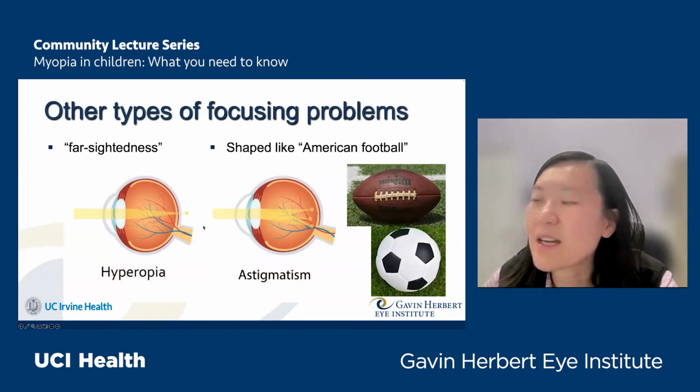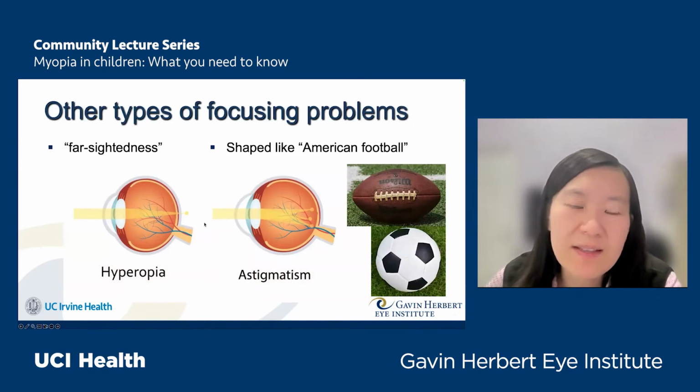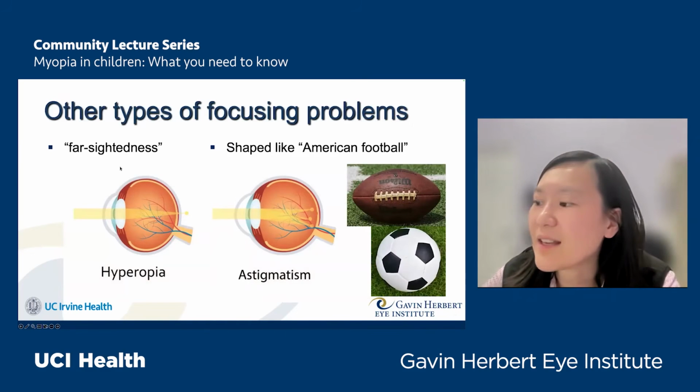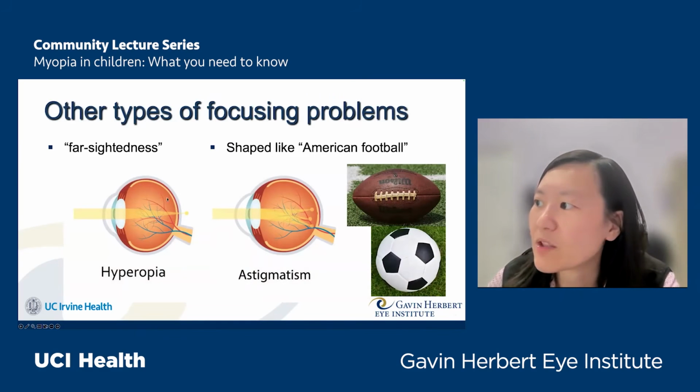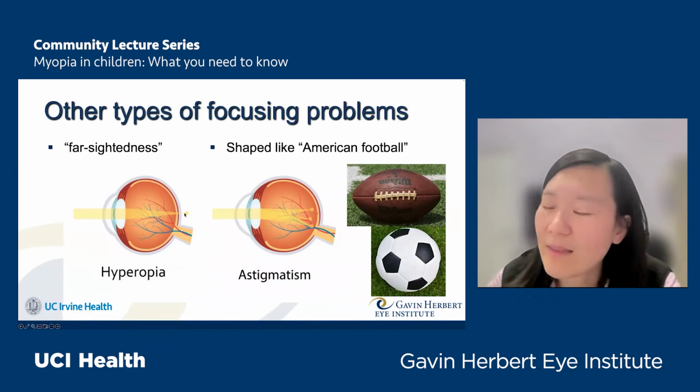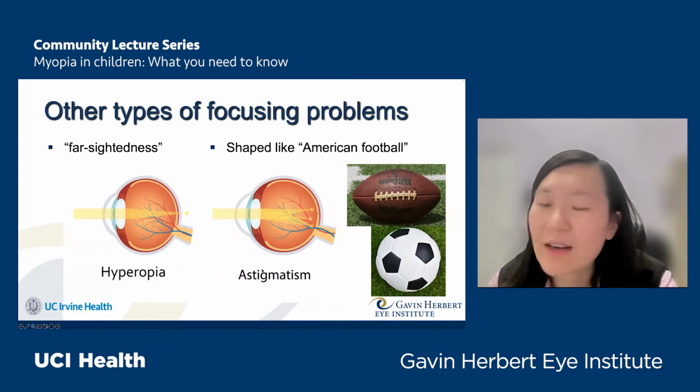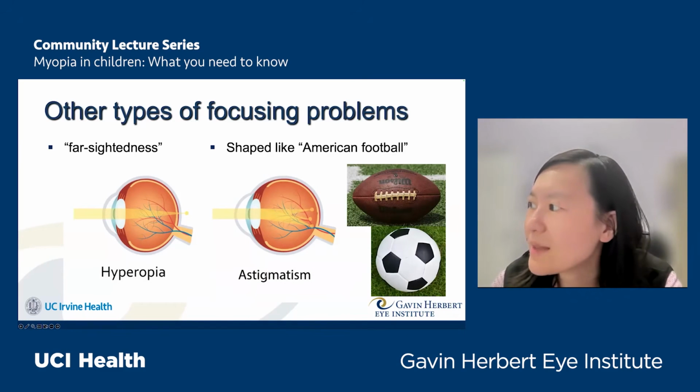Since we are talking about focusing problems, there is hyperopia or farsightedness, which is the counterpart to myopia, where the eyeball is too short, and so the light gets focused behind the retina. Or something you may have heard of, astigmatism. This doesn't really have to do with focusing, but with the shape of the cornea.